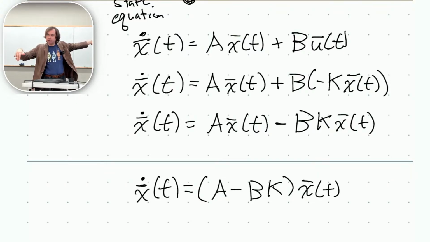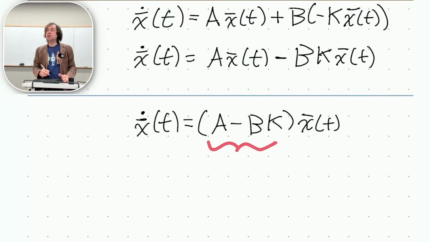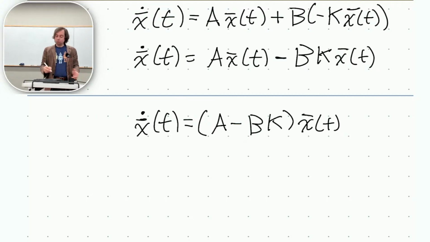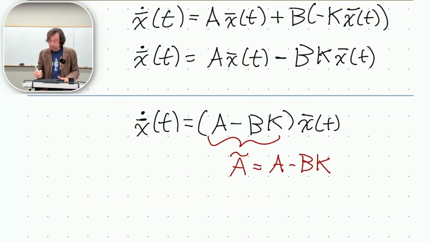This is not wizardry, right? So this here, that's a matrix. Let's call that matrix A tilde, with a squiggle on top, which is equal to A minus B times K.